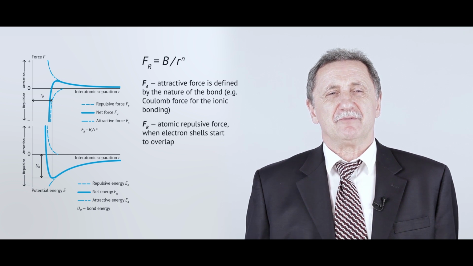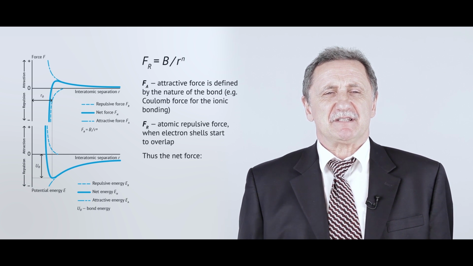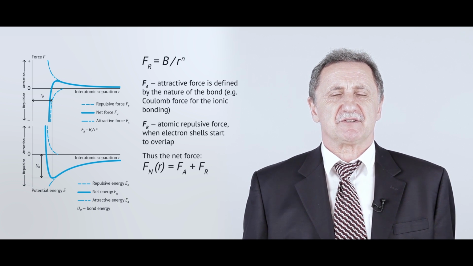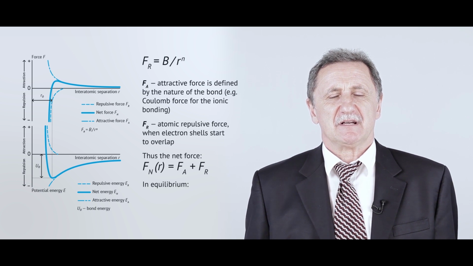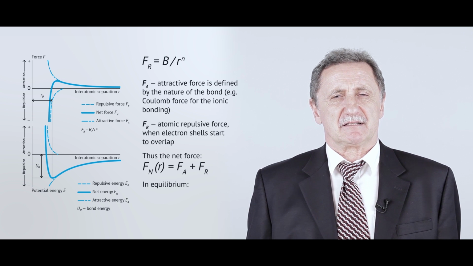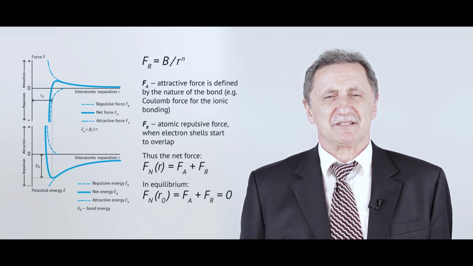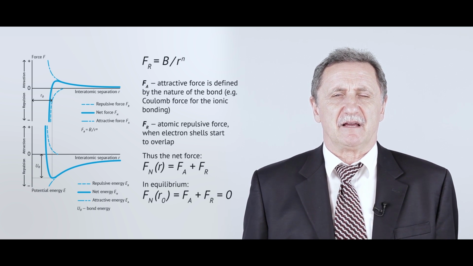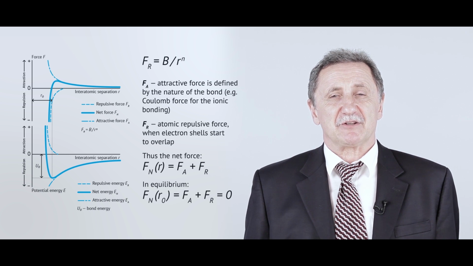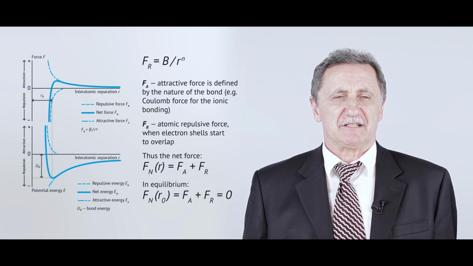You know from your experience that this never happens, just for the reason that at some point the other, repulsive force starts its work. And the nature of the repulsive force is relatively straightforward in the case of ionic bonding. We have the overlapping of the electron shells of the 2 atoms, and both shells have negative charge.